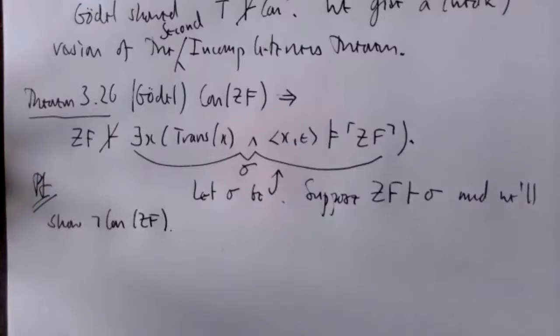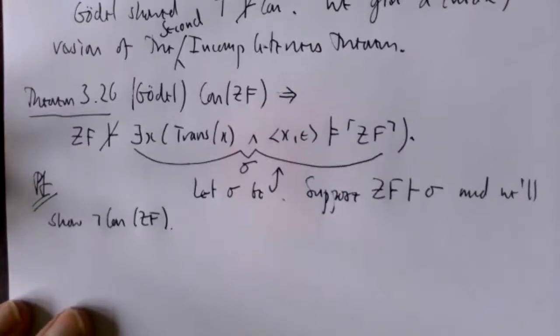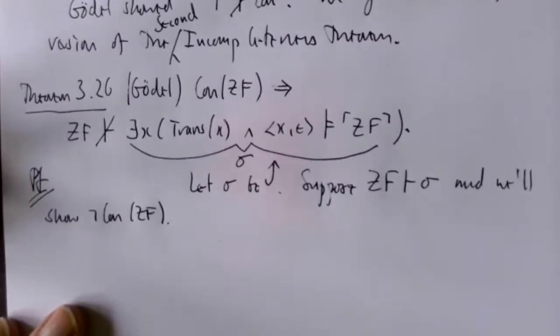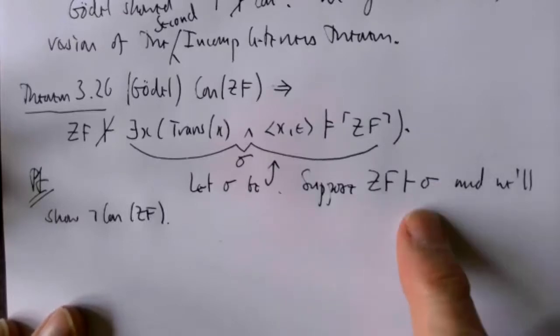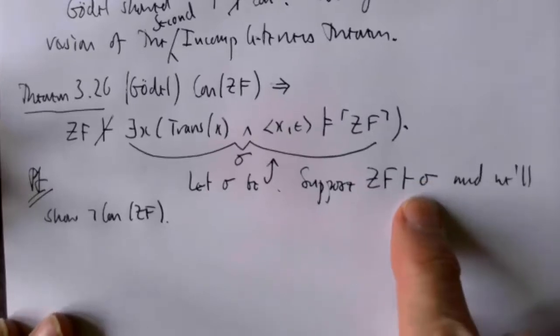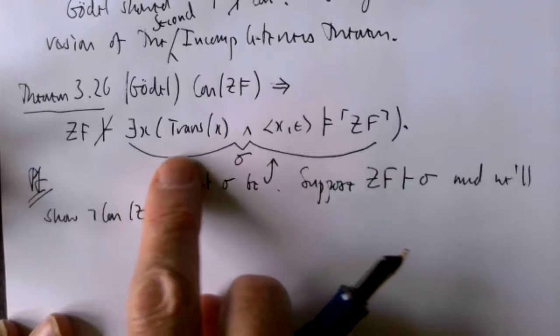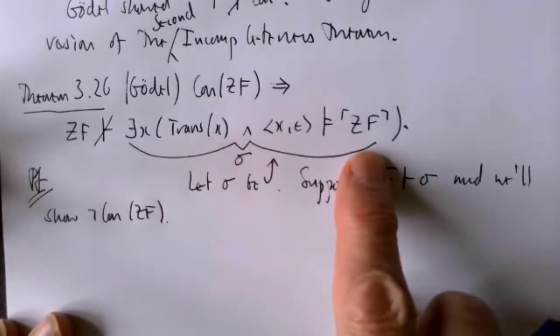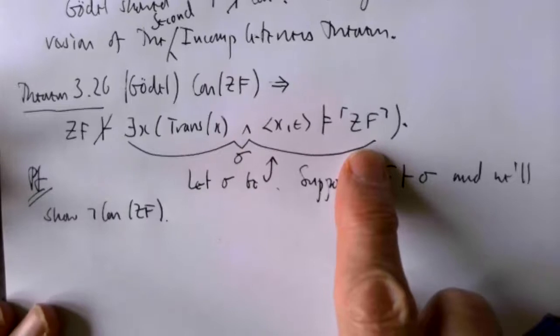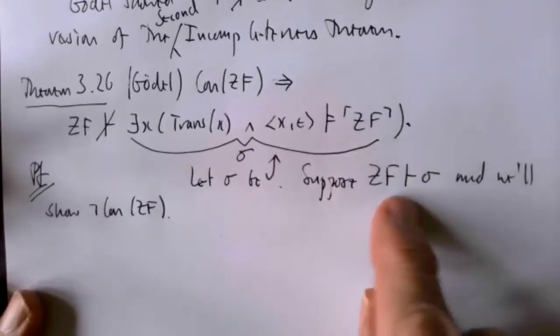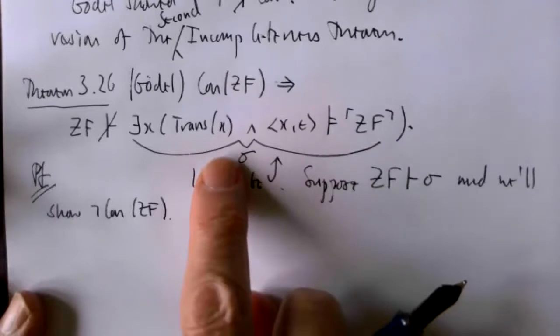So there are aspects of this that are very similar to the proof that ZF is not finitely axiomatizable. So suppose ZF can prove sigma. So ZF can prove that there is a transitive model like this. So what we'll do is we'll think about the transitive model that we can prove to exist, and we'll consider one which has got least rank.